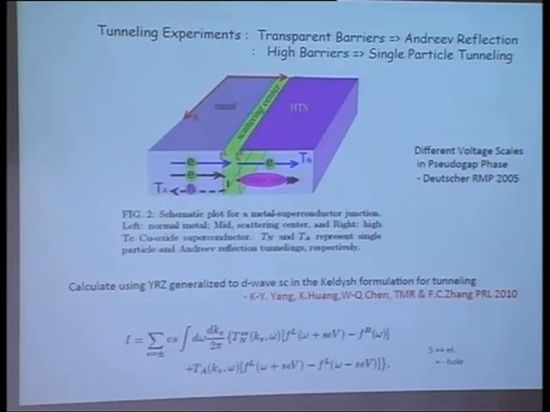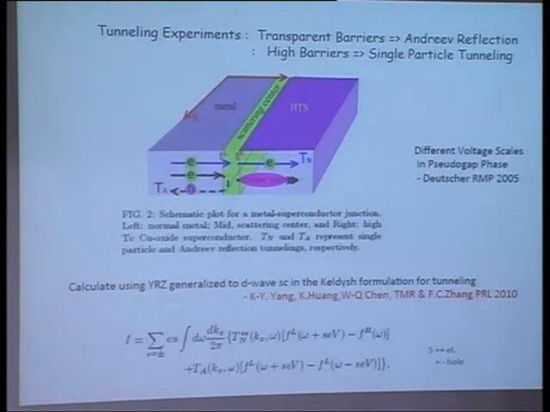Andreev tunneling is indicated here when a particle comes up and a Cooper pair penetrates into the superconducting sample with the emission of a hole backwards to conserve charge. Now this process requires transparent barriers. On the other hand, if you have a high barrier, this process, which involves two particles moving through, is reduced in amplitude, and you're dominated by simple single particle scattering.